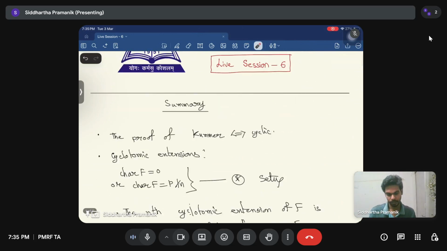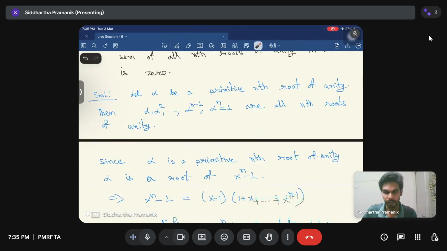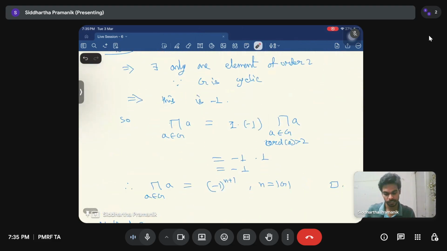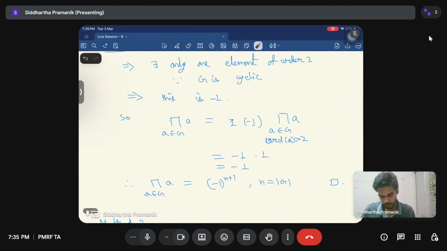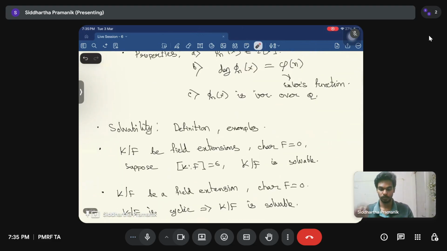So maybe if I wrote this, then it will be more understandable. But you can find it in any standard textbook, and the statement is very simple. Okay, so maybe we can stop today.